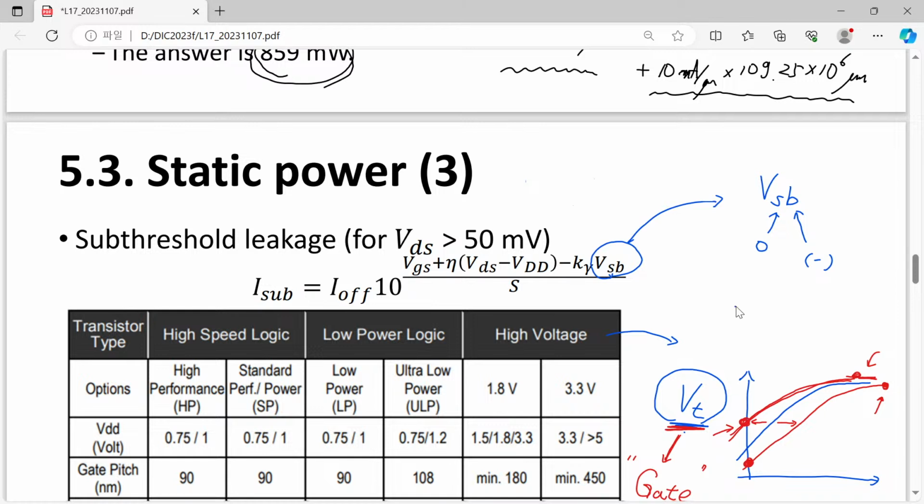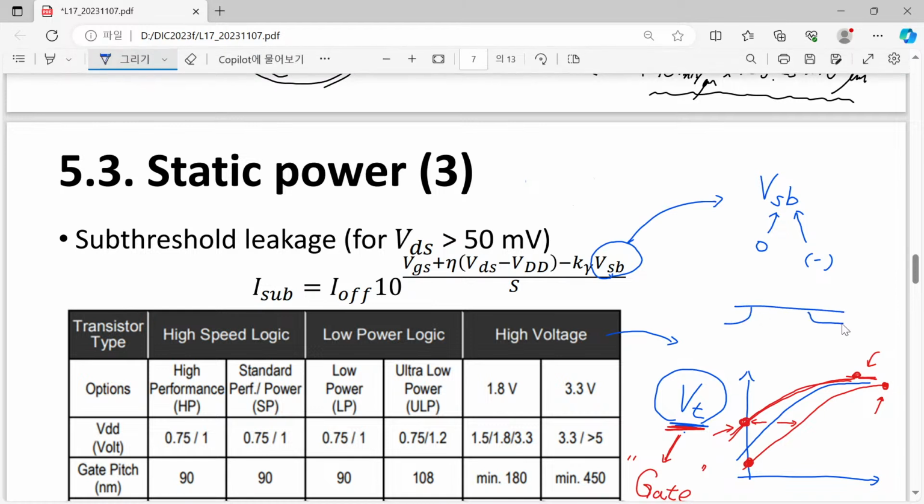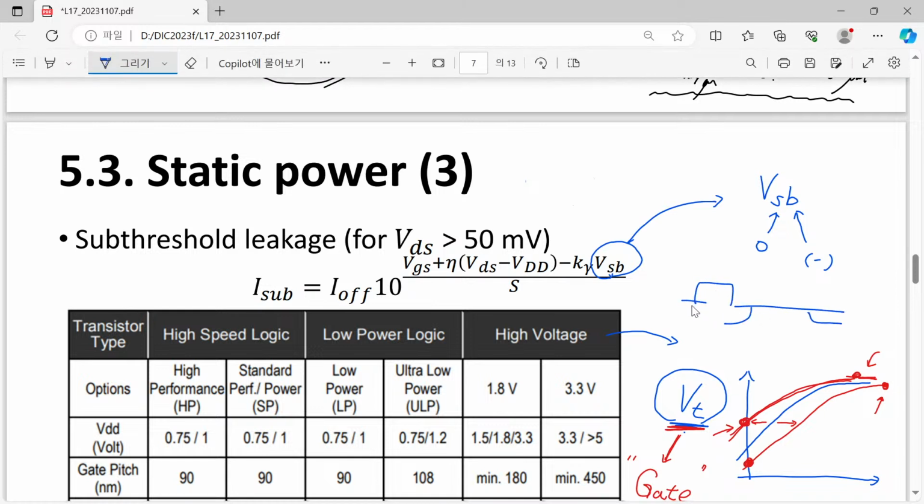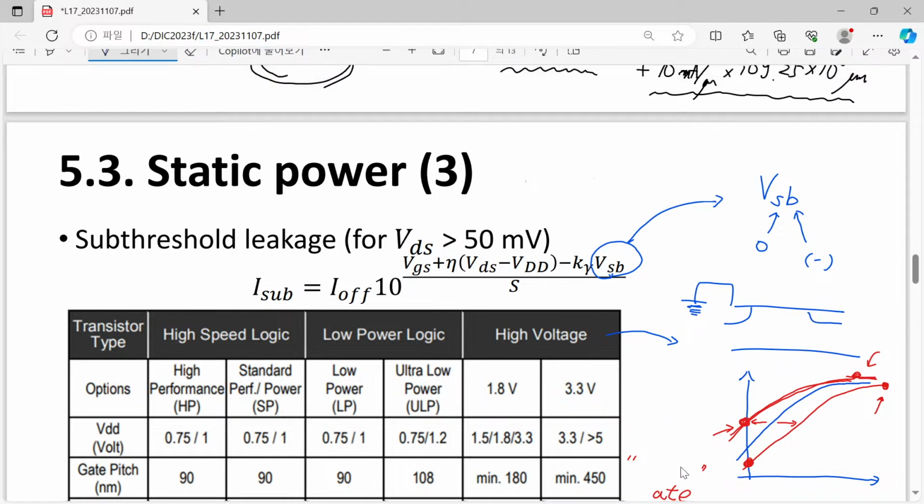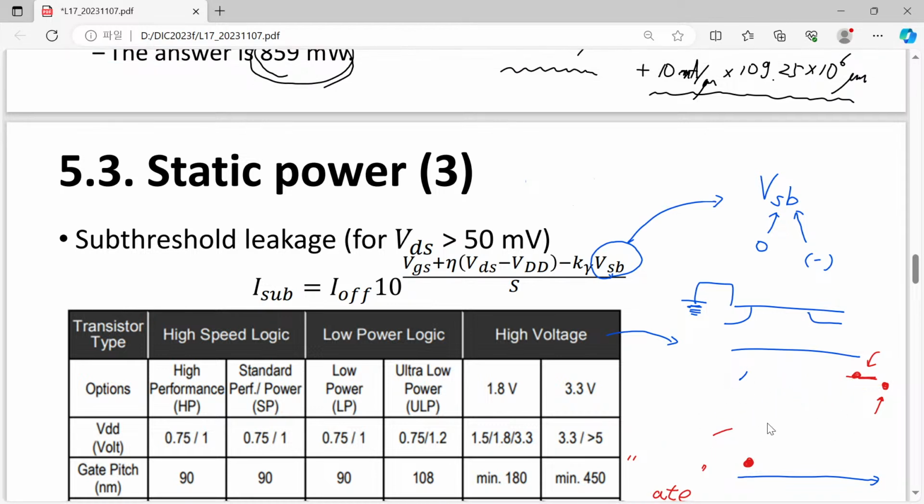Usually we have source and drain and this is grounded. Let's consider this case. However, in order to increase our threshold voltage intentionally, we can apply negative voltage to the body contact. Then what will happen?